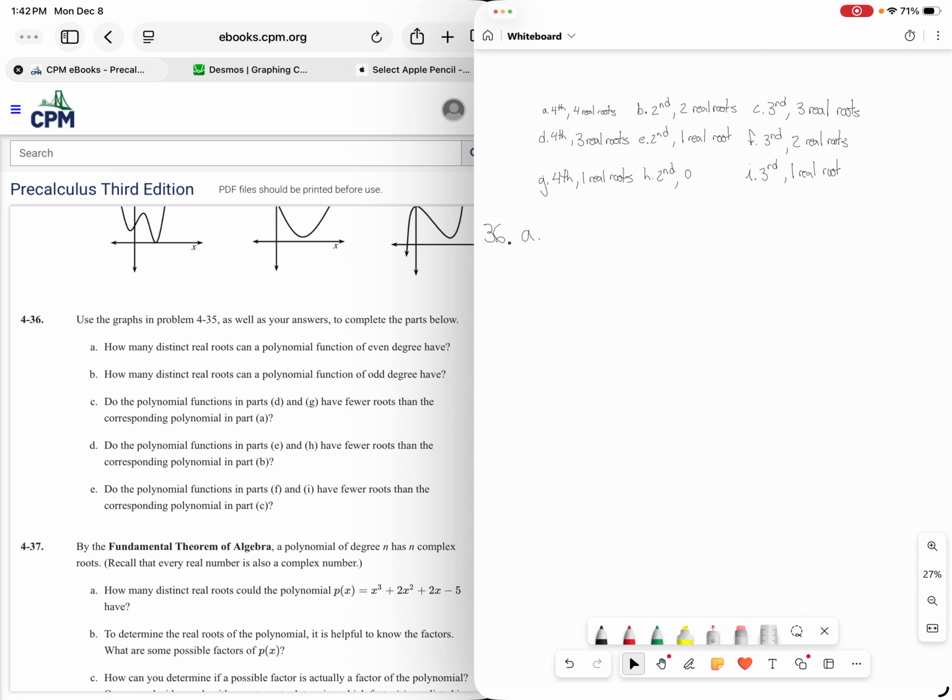Well, if you look at the evens, 4 and 2, those are even degree polynomials, right? They can have the number of roots, so 4 and 4, 2 and 2, or less, 4 and 3, 2 and 1, all the way down to possibly 0. So even could have n roots down to 0.